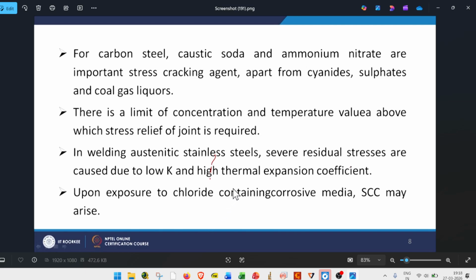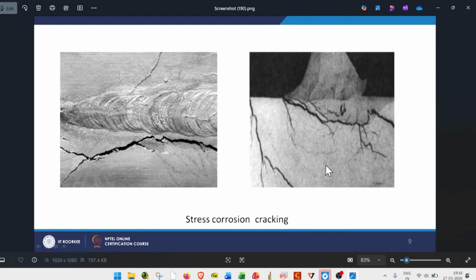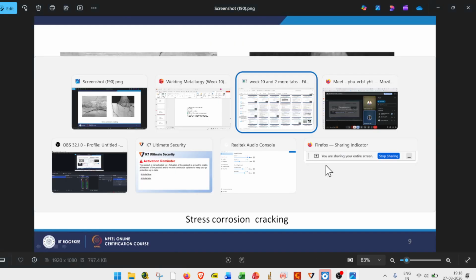In welding austenitic stainless steel, severe residual stresses are caused due to the low thermal expansion coefficient. Upon exposure to a chloride containing corrosion medium, stress corrosion cracking may arise. Okay, so with this we can see some of the problems.